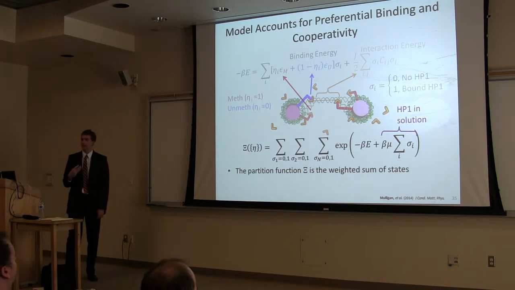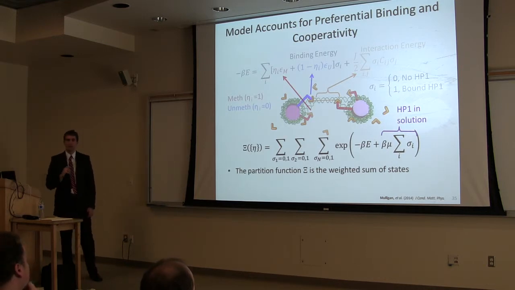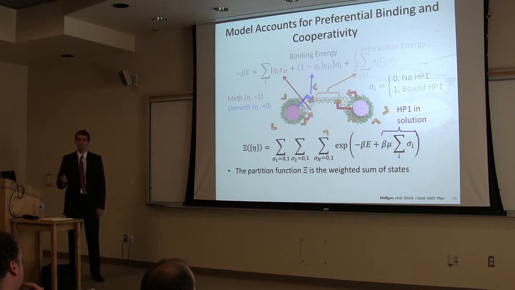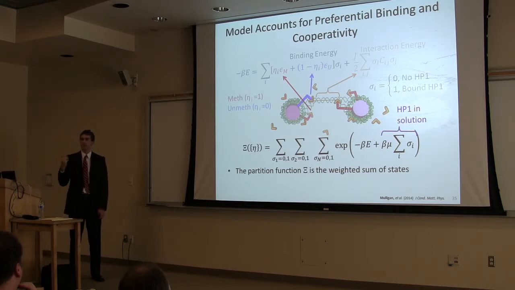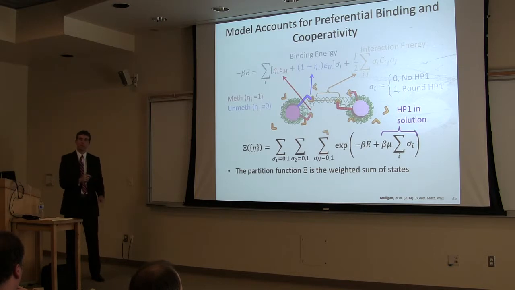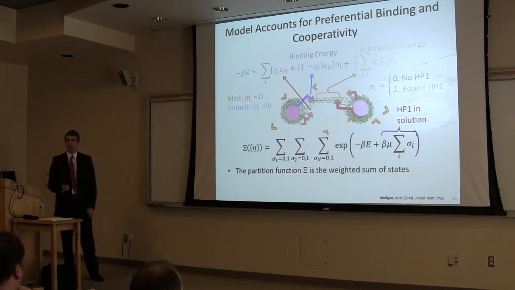So next we want to calculate our partition function. And our partition function is essentially just a weighted sum of states. So if we have n different binding sites for our HP1, then there's 2 to the n different states of the system, because each site can either be bound or not bound by HP1.